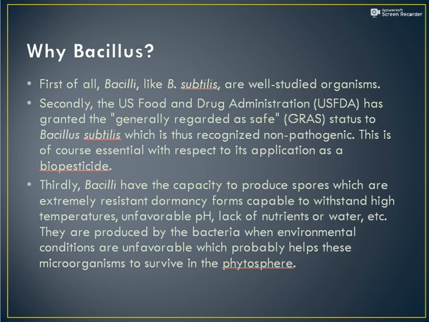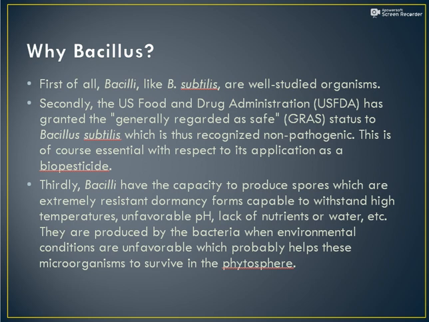Now, if you have a biopesticide which is growing well in the lab, but it is not able to grow in the stressful environment of the soil, then it doesn't make any sense to consider it as a biopesticide.